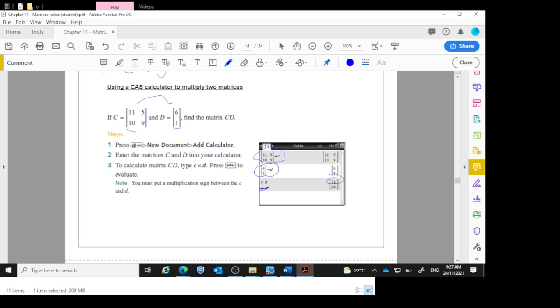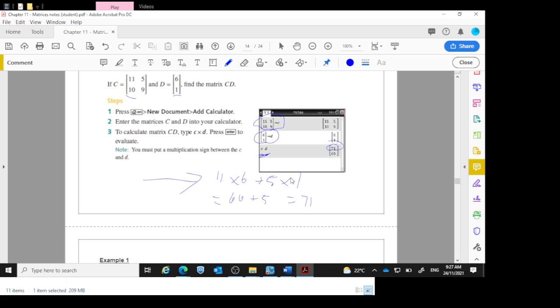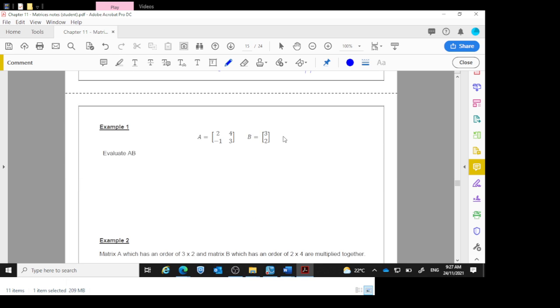For example, 71. That's the top number, and therefore the top is 11 times 6 plus 5 times 1, which gives us that 71. Then how are you going to show that? Because it's a show-that question, you need to show this line here, that first line, and then you can keep going.